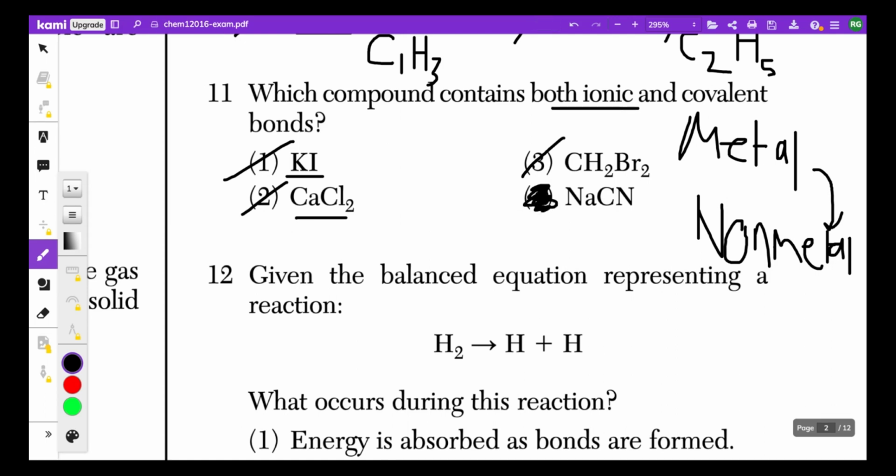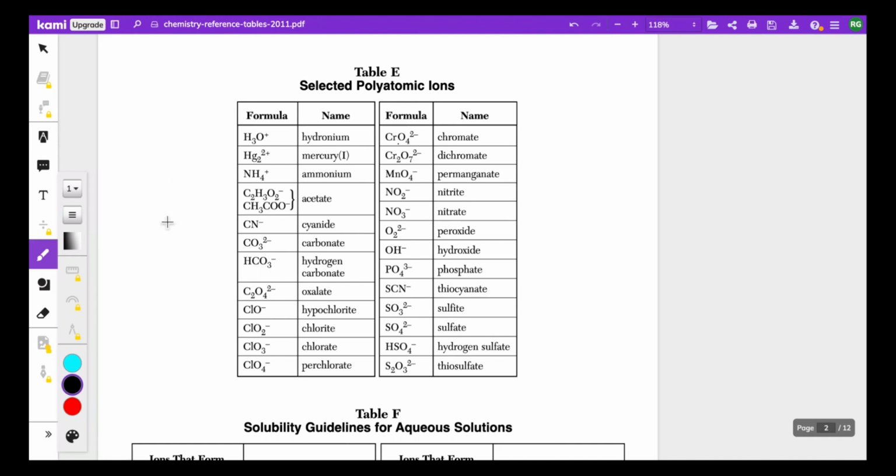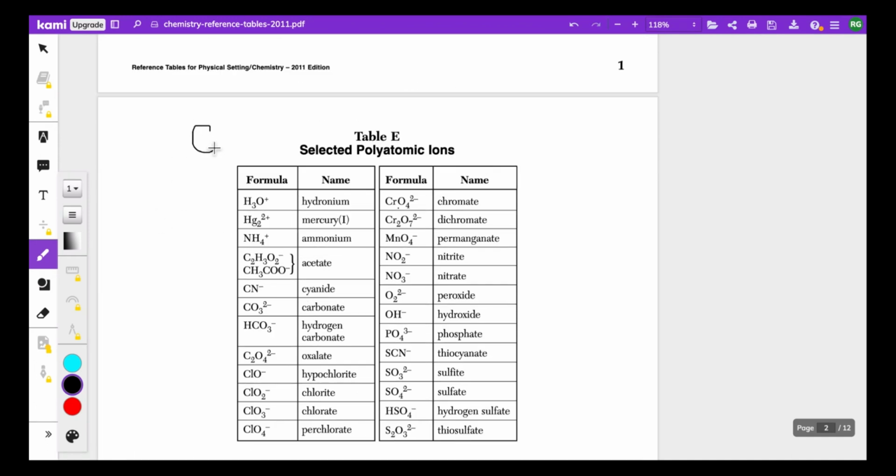You might be confused about this polyatomic ion thing and why we have to search for it. Well, CN, it turns out, is actually cyanide, CN minus. And it's bonded to Na. Now, imagine if Na gives away an electron.